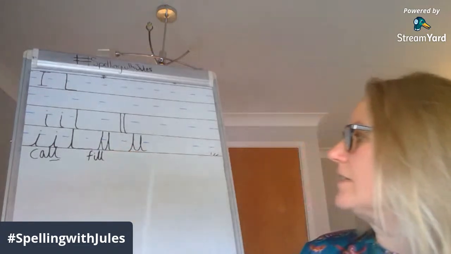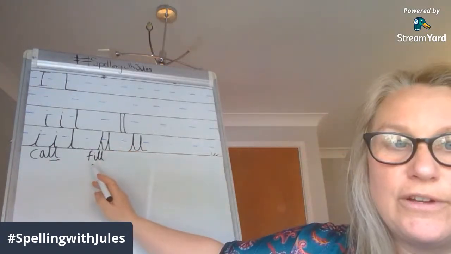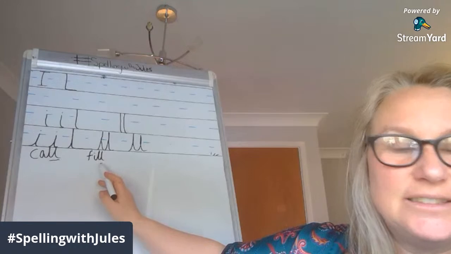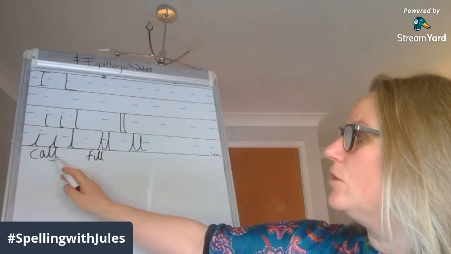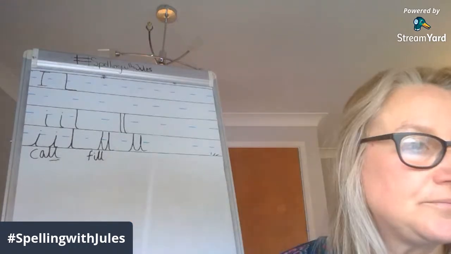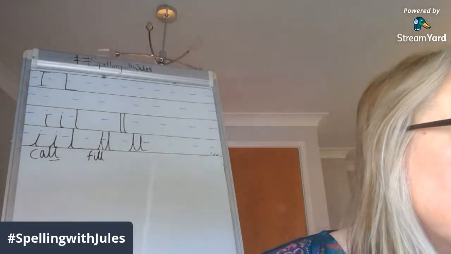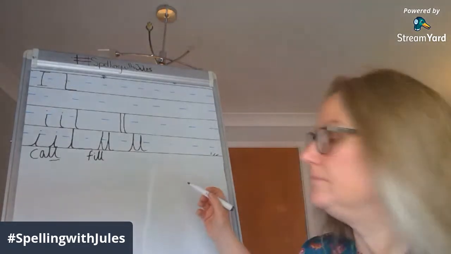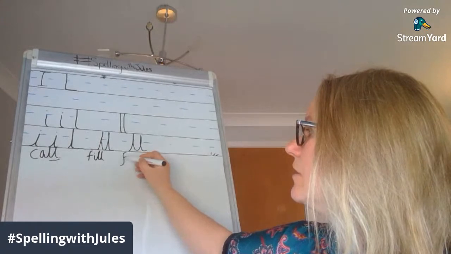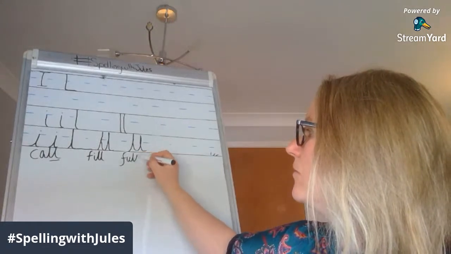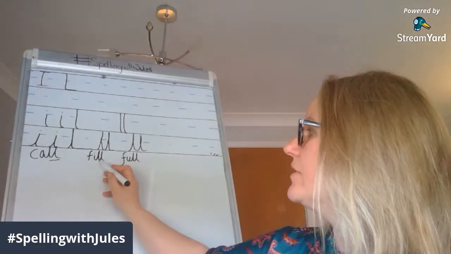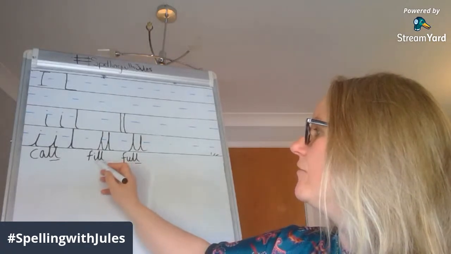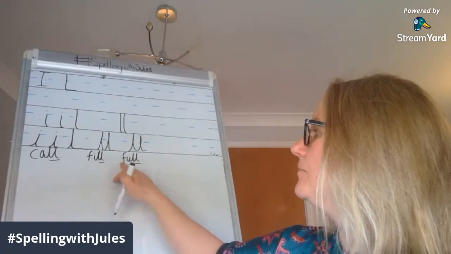You could try writing these as well. And if you took the F off, then it makes ill. Okay, so you've got cool, fill, full. Good. Full. So we've still got this all sound here. Fill and full.